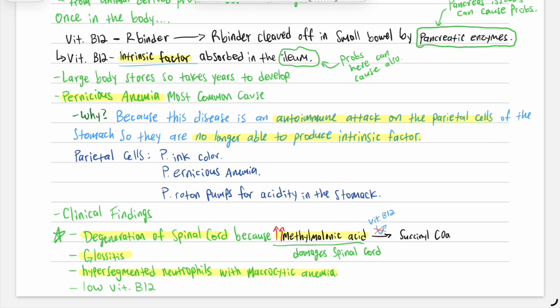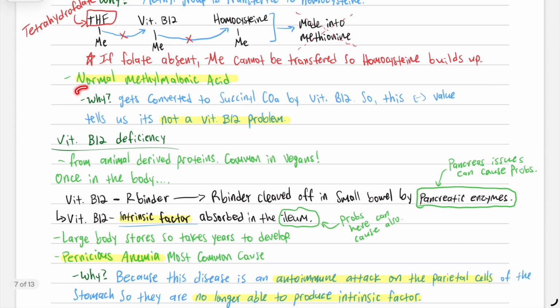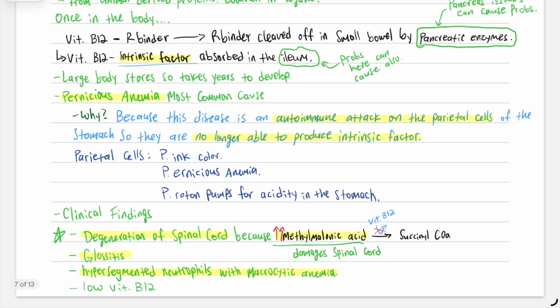And some clinical findings that we can find with vitamin B12 deficiency is going to be degeneration of the spinal cord because methylmalonic acid can't be converted to succinyl-CoA because we're lacking vitamin B12. We spoke about that here, how in folate deficiency we have a normal methylmalonic acid, but if we were deficient in vitamin B12, methylmalonic acid would be elevated, and that causes damage to the spinal cord.